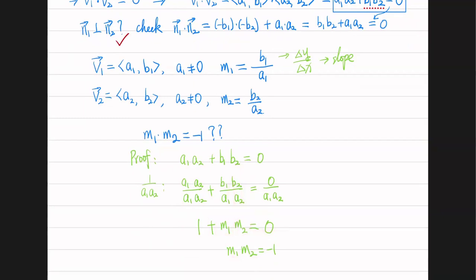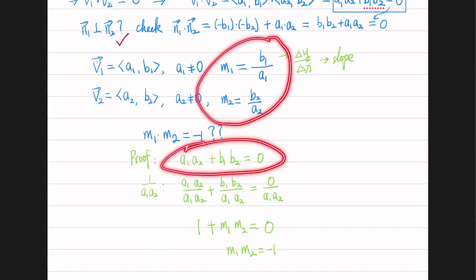Wait, I have a question. How do you get 1 over A1, A2? Okay, so initially we have this equation. Now we want to get to the slopes. To get the slopes, we need the quotient, B1 over A1.